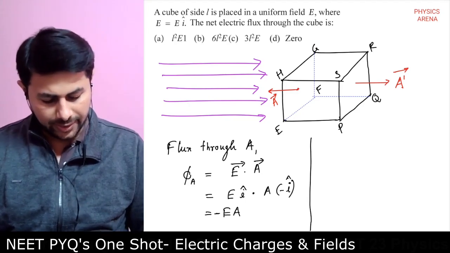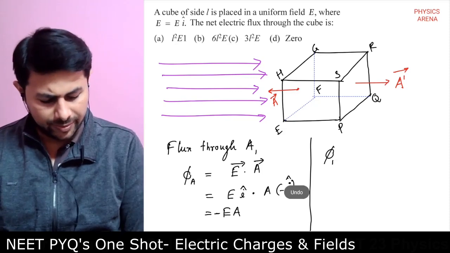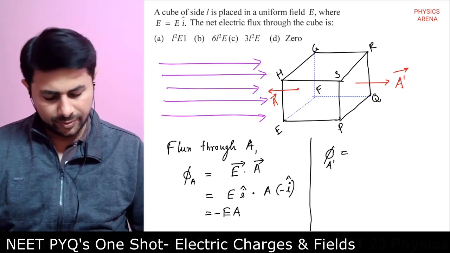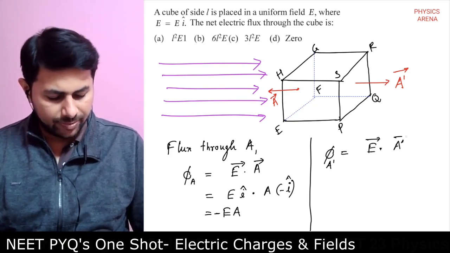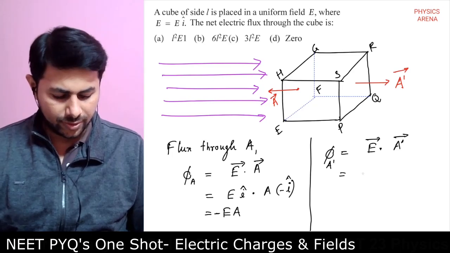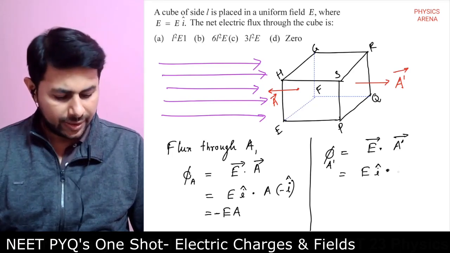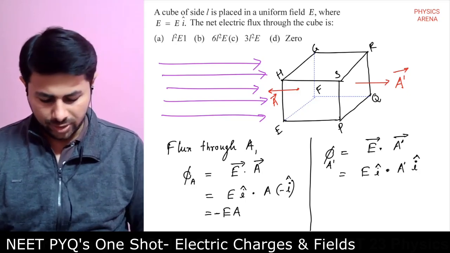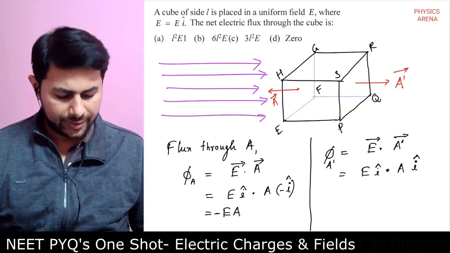Similarly, the flux through A dash is equal to E bar dot A dash bar. So it is E into I cap dotted with A dash multiplied by I cap, and its magnitude is just equal to A, right?